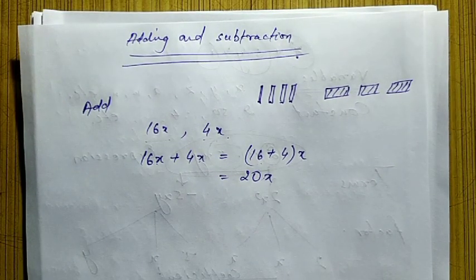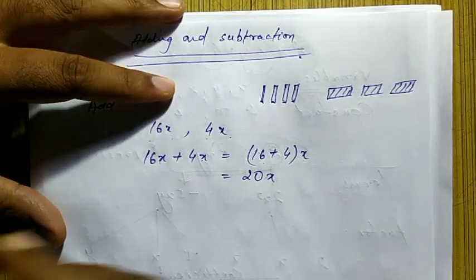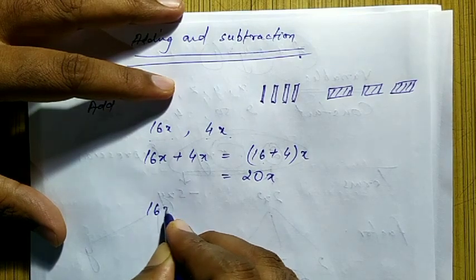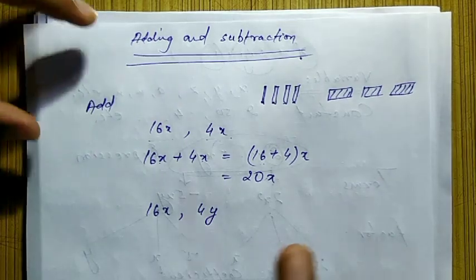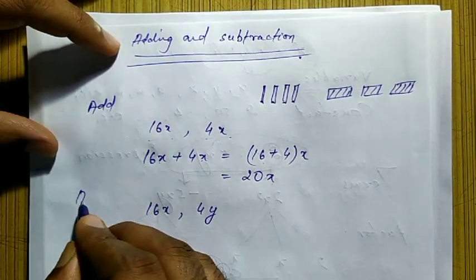Unlike terms cannot be added or subtracted the way like terms are added or subtracted. Suppose here 16x and 4y. Suppose I say add.